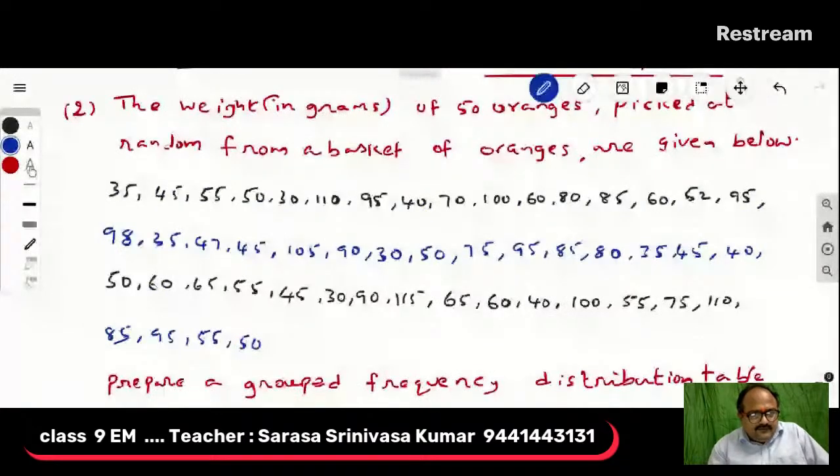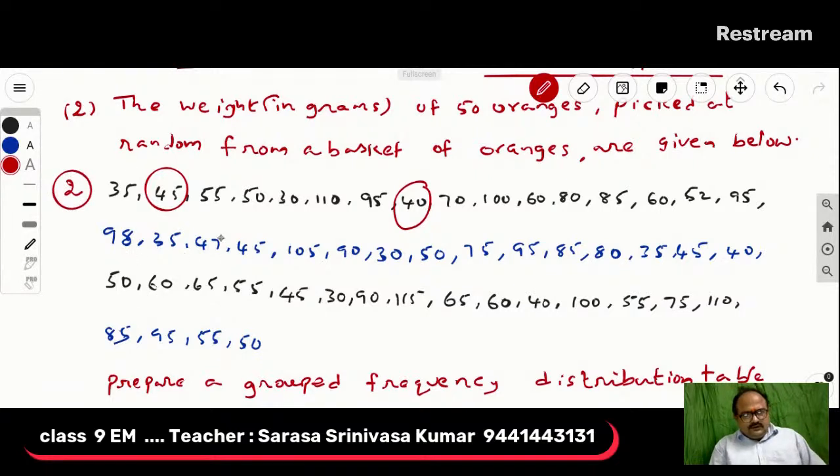In the first row, this is the first orange, this is the second orange, so 2 oranges are there.